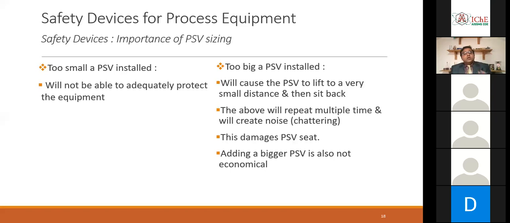And adding a bigger PSV is also not economical. So that's why we process engineers are paid: we do the exact sizing, not compromising on safety, and we propose the economical design. So now I think we know why sizing is so important, why I can't just go on putting the biggest PSV size everywhere.